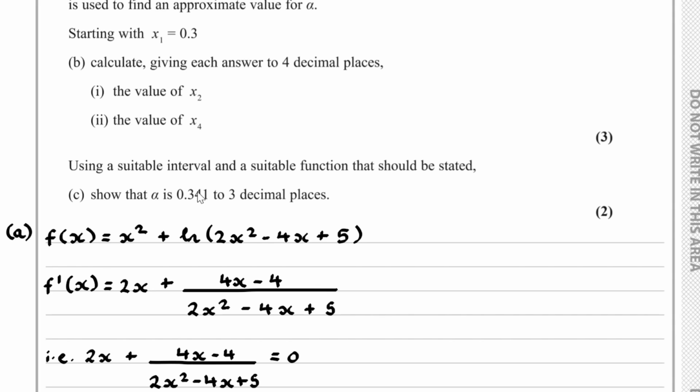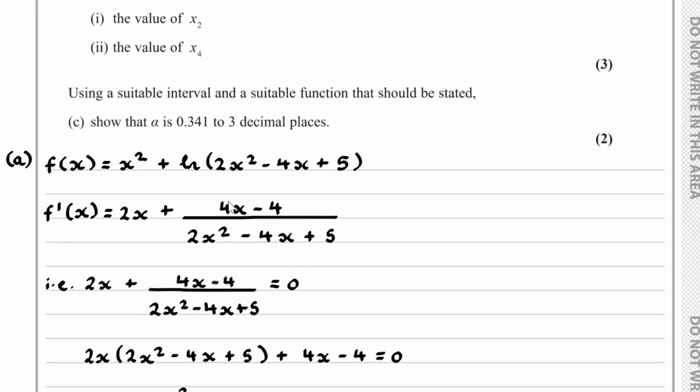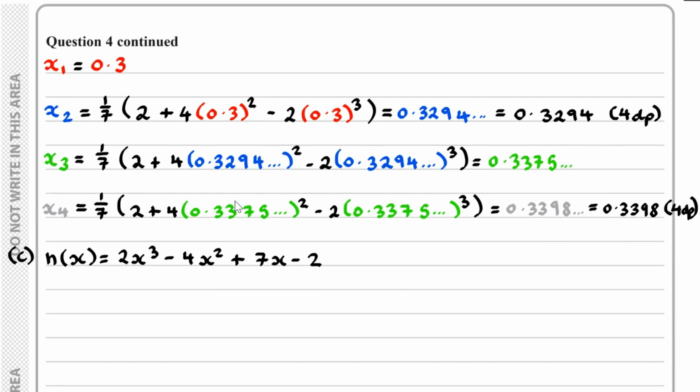So it makes sense for us to consider a lower bound and an upper bound of the 0.341. What I mean by that is, we will work out h of 0.3405, and we will also work out h of 0.3415.